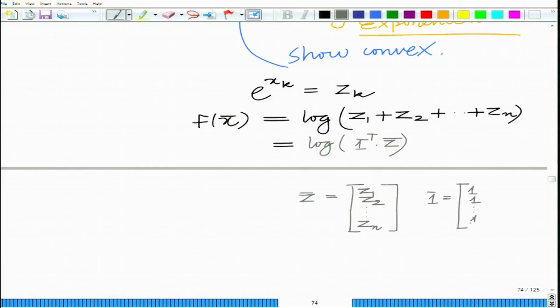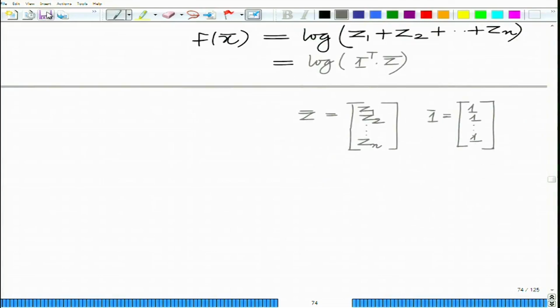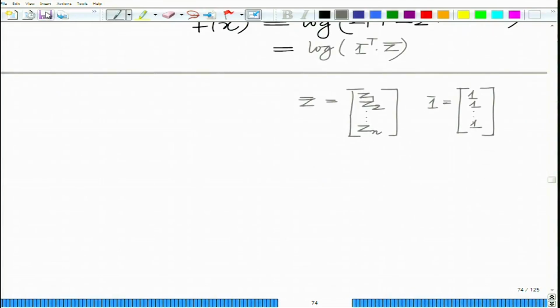When you multiply 1 bar transpose z bar, you are simply taking the sum of all elements of z bar.